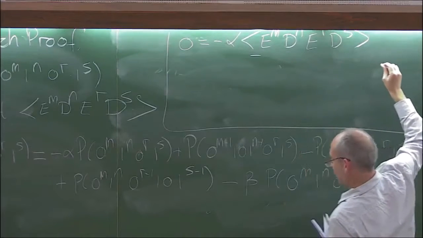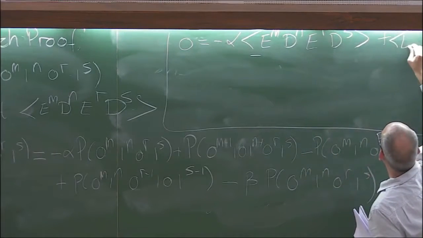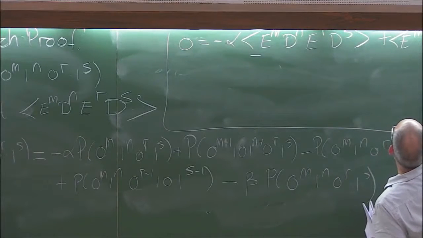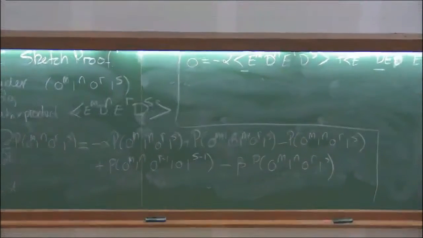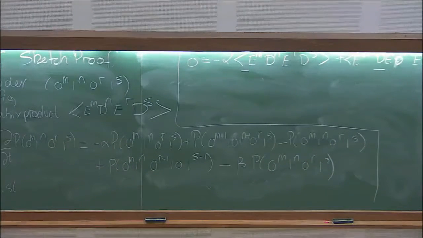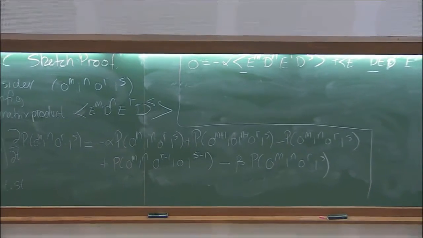Then I've got plus E^(m minus 1) D, E^(n minus 1), no, D^(n minus 1) E^r D^s, minus E^m D^n E^r D^s, and that's from this guy hopping forward.